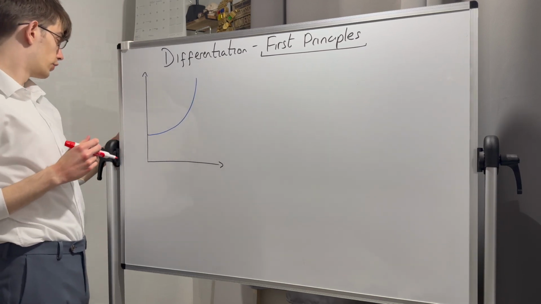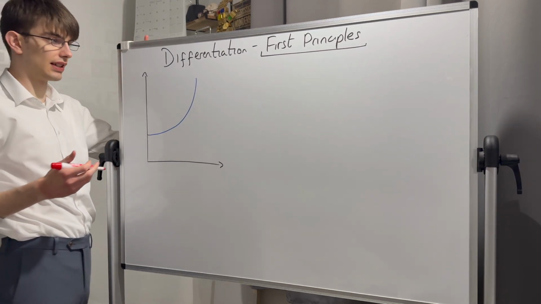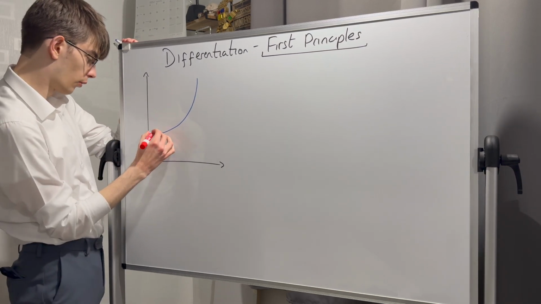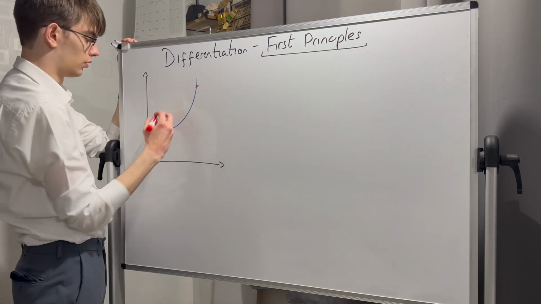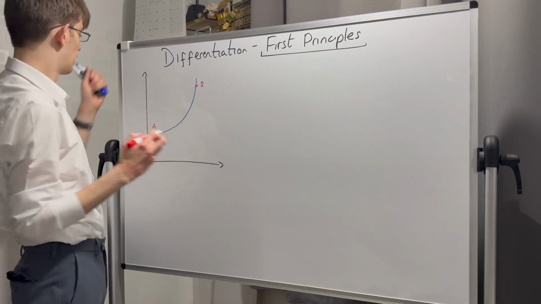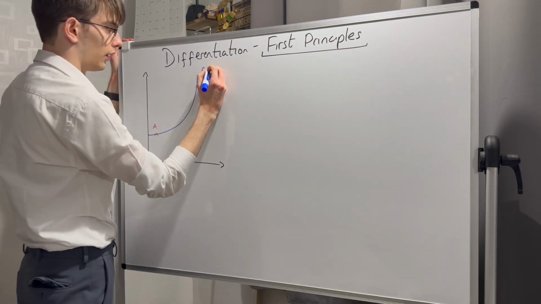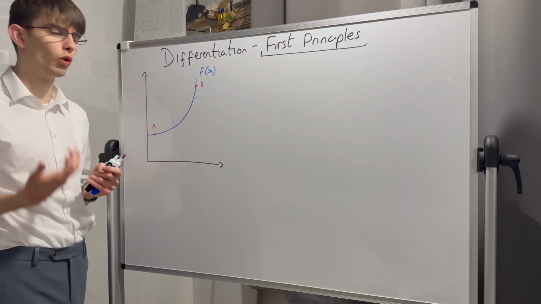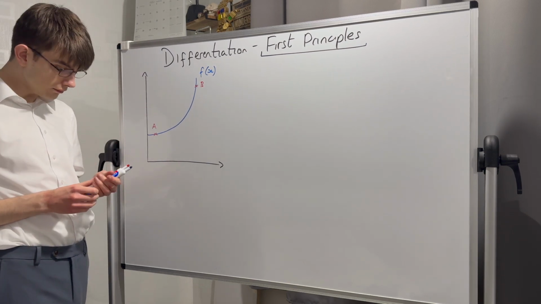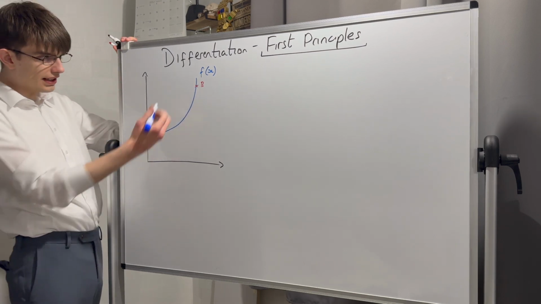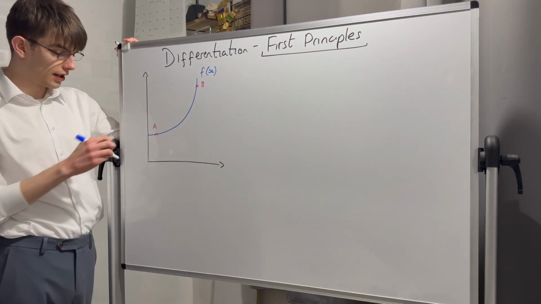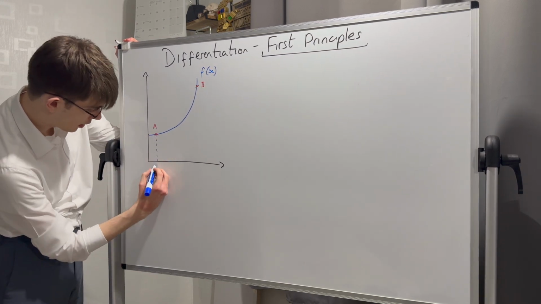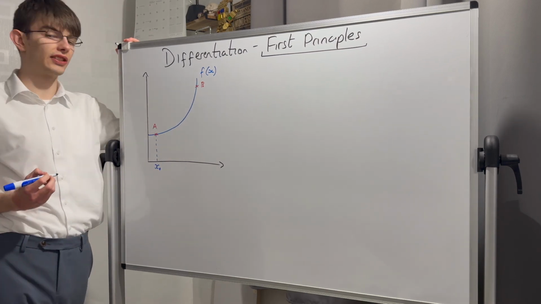So what Newton, Leibniz and anyone else attempting this realized was we can take any 2 points on this graph, and this is a graph of f of x, okay? So it's a function graph. We're not going to use y anymore. We're going to use f of x. And we can take any 2 points A and B. Now A, I'm going to say, has an x coordinate of x naught.